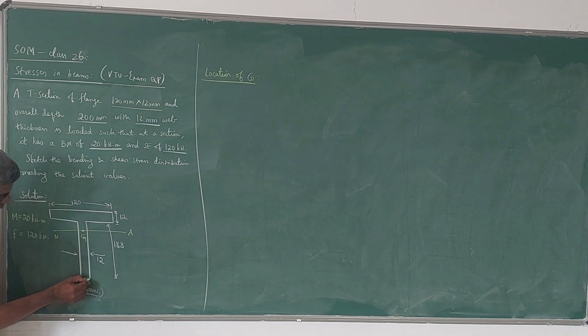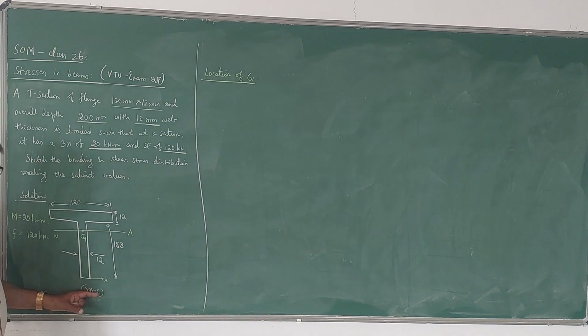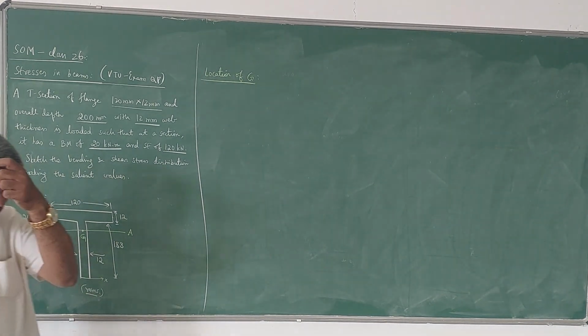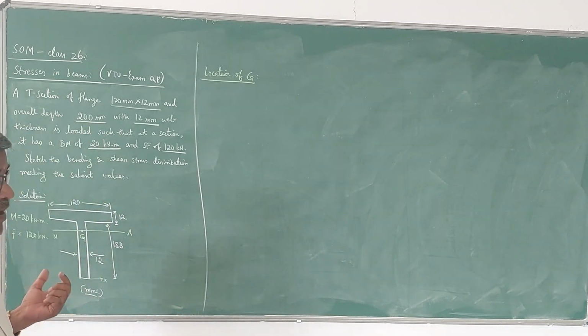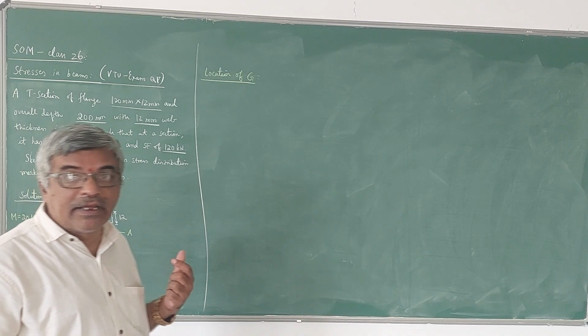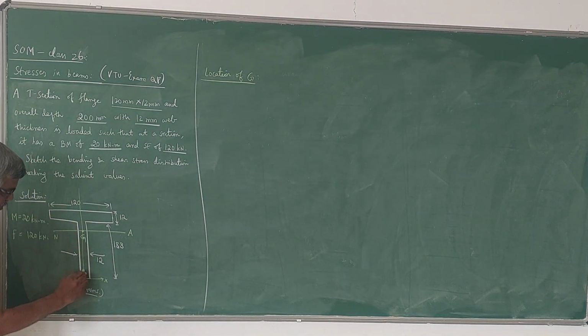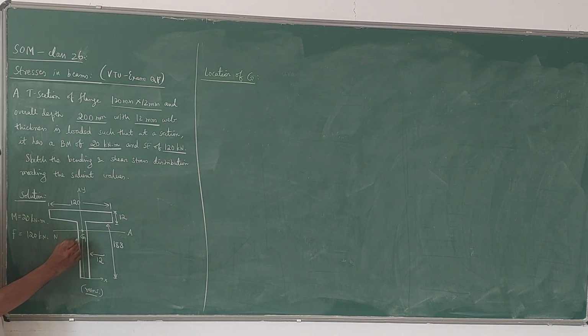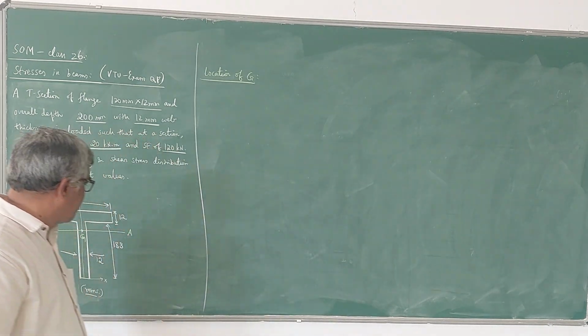For locating the centroid, I will take the bottommost edge as the x-axis. You can see that the given T section is symmetrical about the y-axis. Therefore, the centroid lies on the axis of symmetry, that means it lies on the y-axis. By the property of the centroid, it always lies on the axis of symmetry.